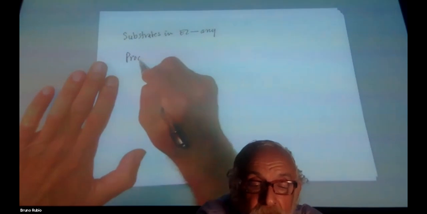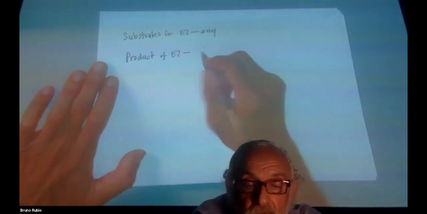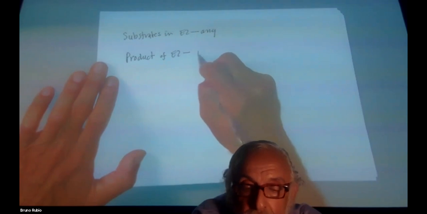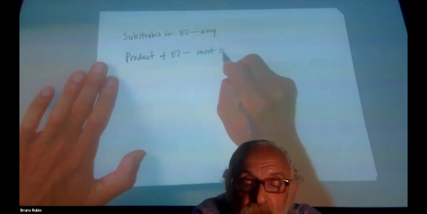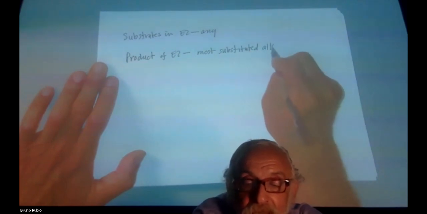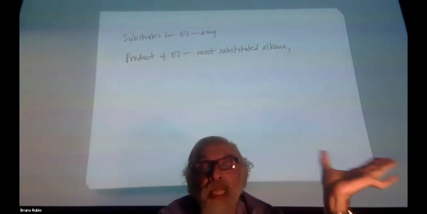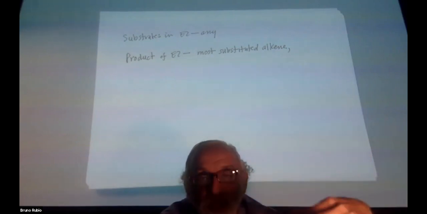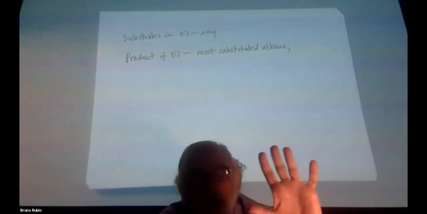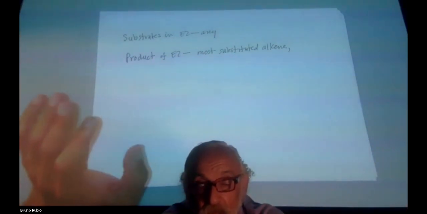Finally, the product of the E2. We get the most substituted alkene. So we would get the tetra-substituted alkene in preference to the tri-substituted alkene, in preference to the di-substituted alkene, in preference to the mono-substituted alkene, in preference to the unsubstituted alkene.